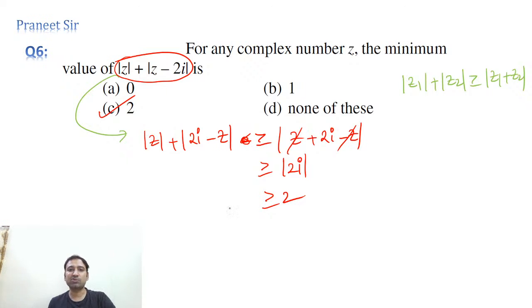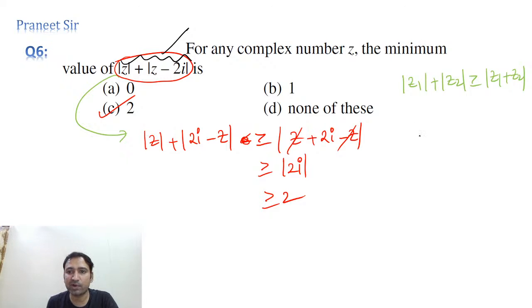Right. So this is one method, guys. I'll tell you another method also. If I want to calculate the minimum value or maximum value of this expression, it will occur at critical points of the function.